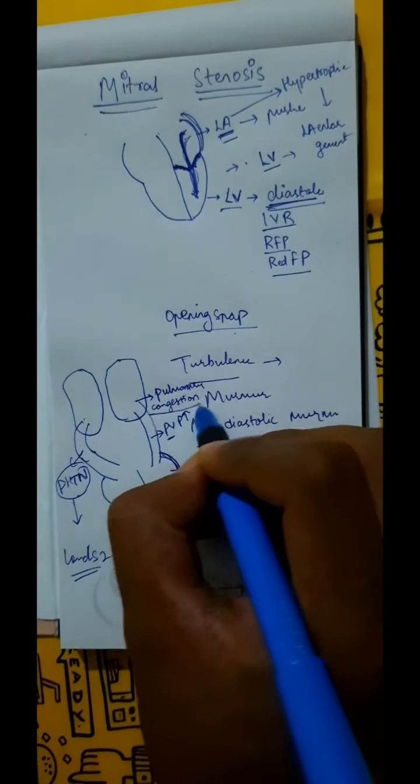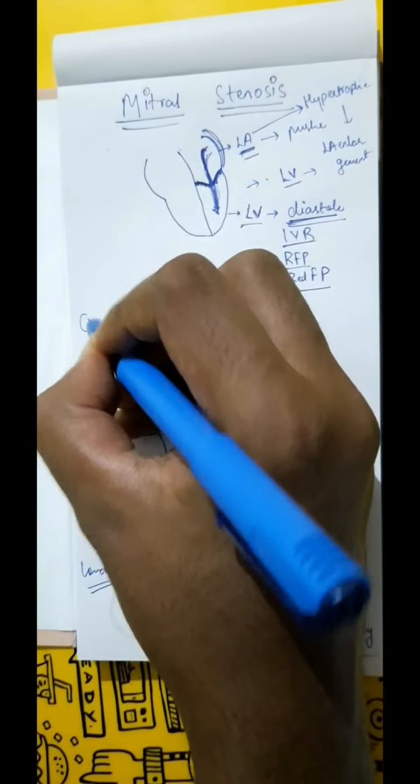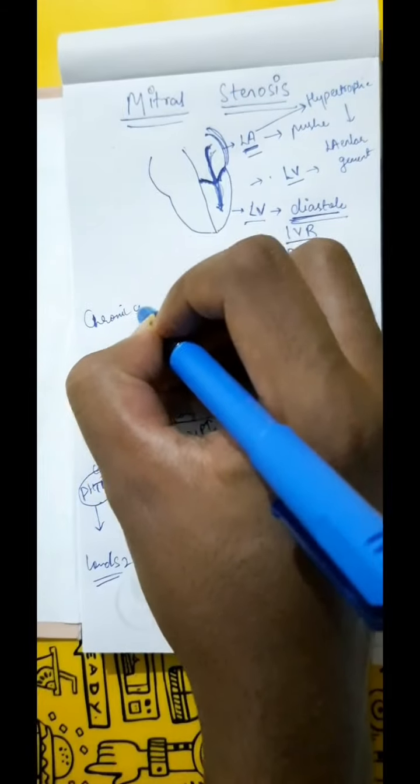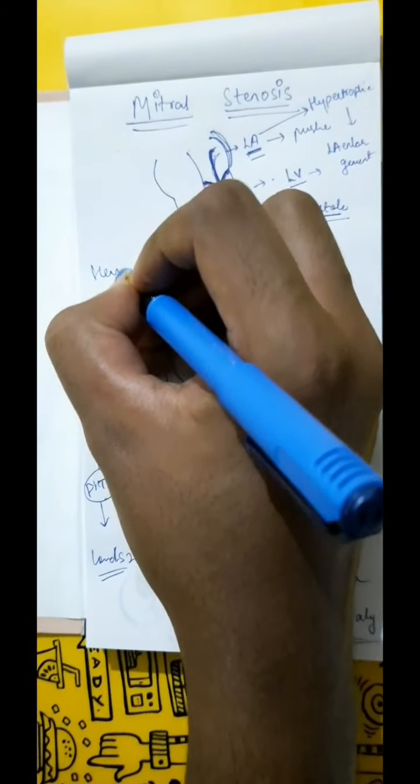Next, because of this pulmonary congestion, the patients will have chronic cough, and there will also be hemoptysis.